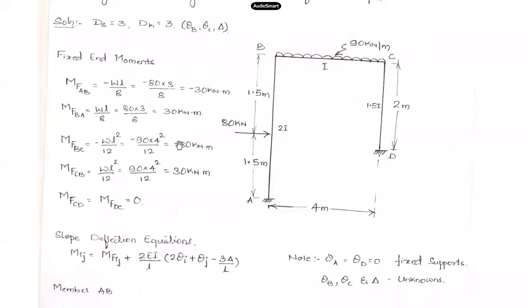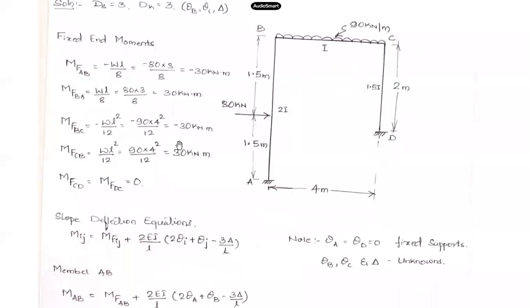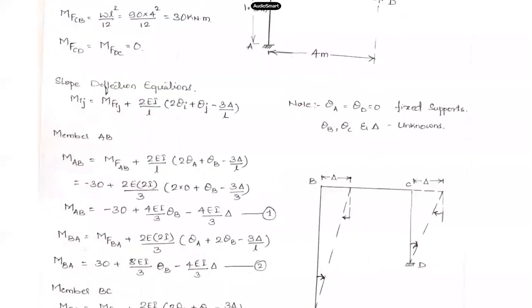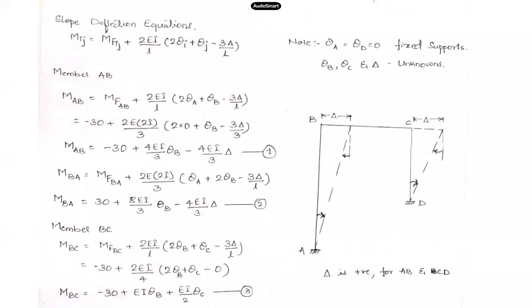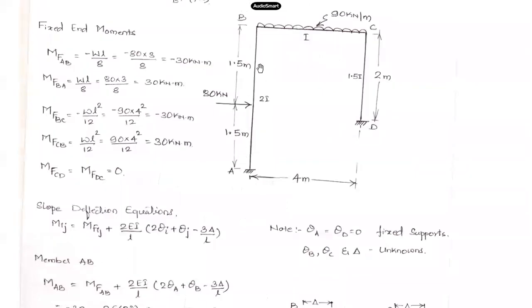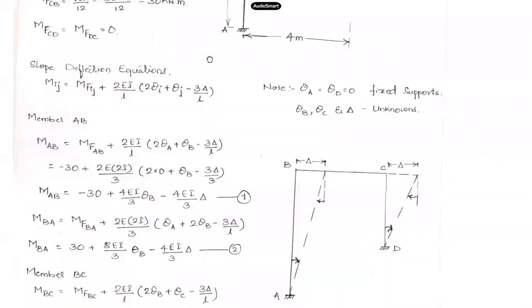With these fixed end moments, now we'll first write our slope deflection equations. I'll refer to this particular equation. This is the slope deflection equation we have: Mij is equal to MFij plus 2EI by L into 2 times theta i plus theta j minus 3 delta upon L. I take the member AB first, for writing the slope deflection equation.